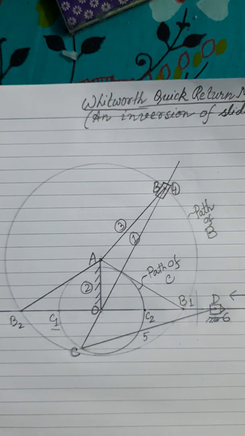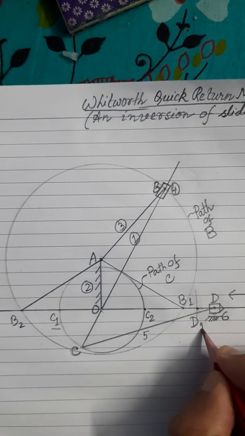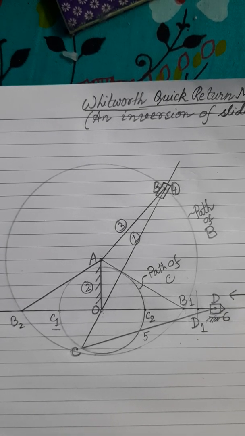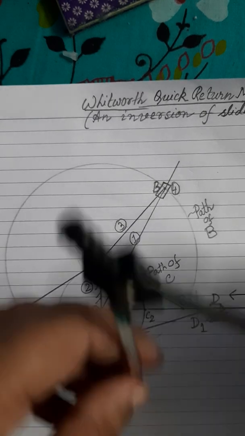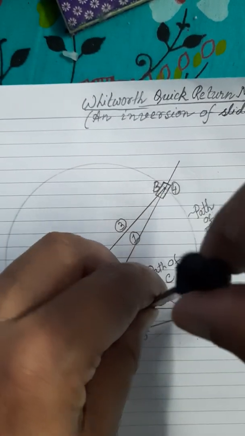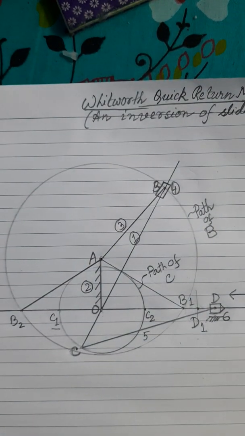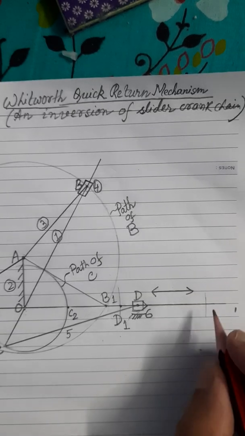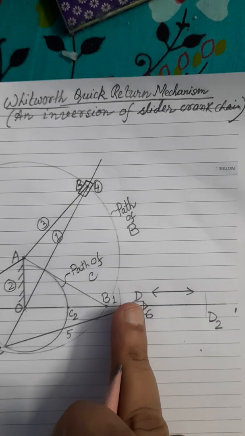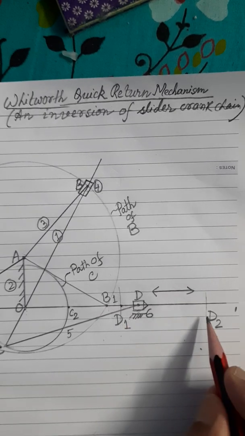So we have obtained position D1. Similarly D2, how we will get D2? For getting D2 again, I am taking C2 as center and CD as radius, and I am cutting on the stroke line. So this point will be D2. So slider D will reciprocate between D1 and D2.